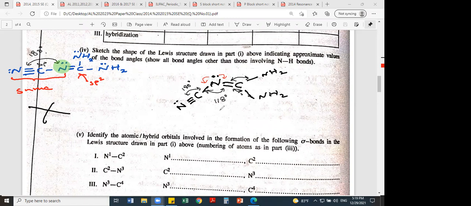They have accepted this within a range, actually 120 to 115, but if you mark 120 they might not allow marks because of the lone pair. One of the best examples: the water molecule is also angular, but the bond angle is not 120 because of repulsion from two lone pairs. So this is around 104.5.